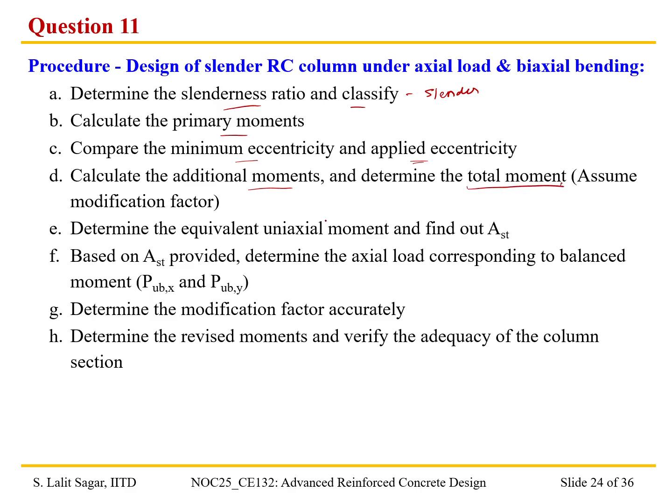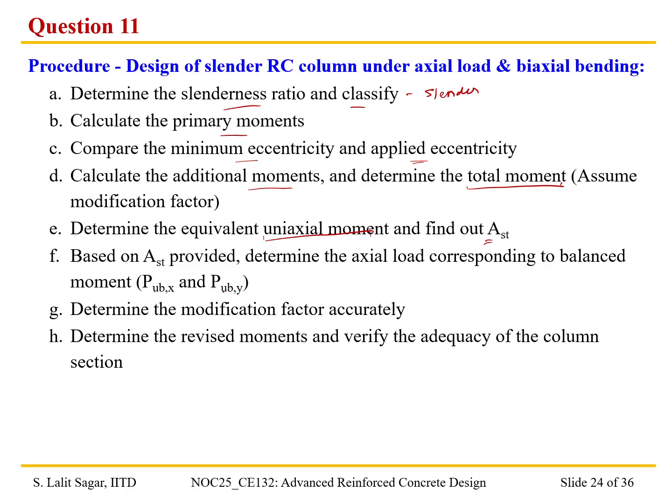So in the next part, that is question 12, we are going to determine the equivalent uniaxial moment as we did for the short column, that is 1.15 into square root of Mux square plus Muy square, and find out the corresponding Ast from the SP16 chart. Based on the Ast that is provided, determine the actual load corresponding to the balanced moment, that is Pux and Puy.